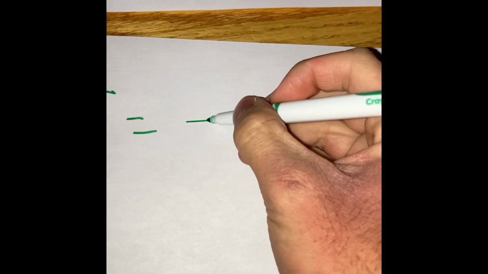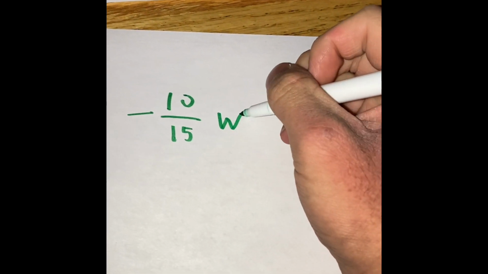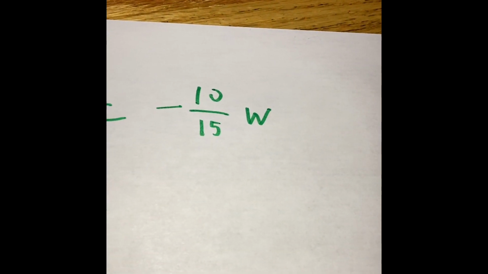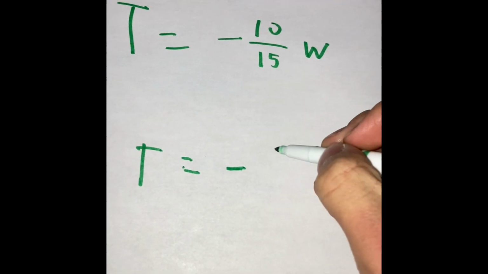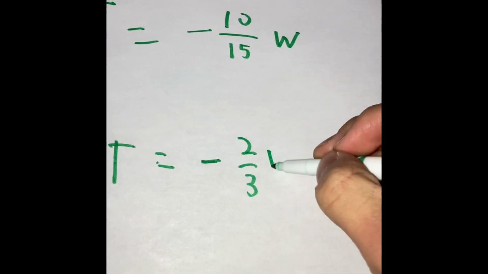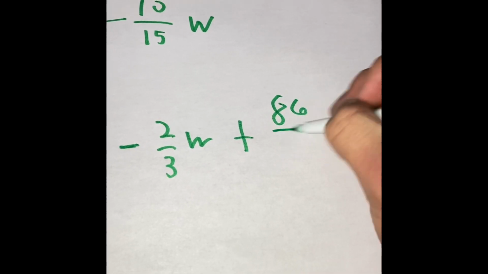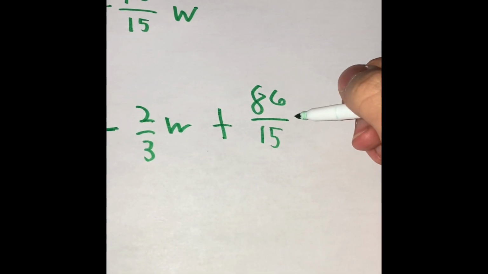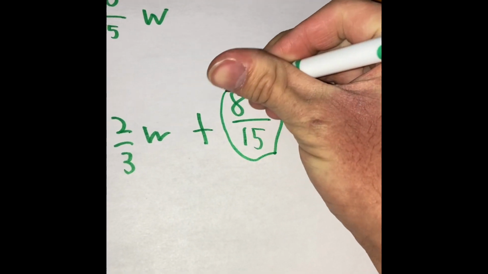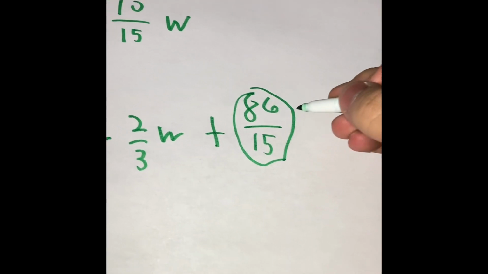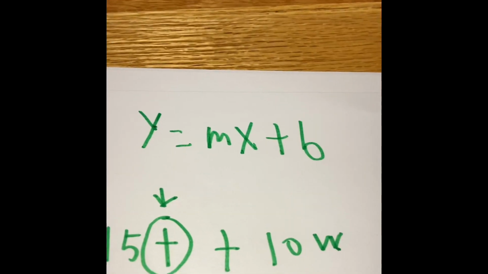So t equals negative 10 over 15w, which can be simplified to t equals negative 2/3 w, and we add 86 over 15, which you can't really simplify because it will become a decimal. And this is our y-intercept, where it wants to start. So this now looks like our y equals mx plus b problem.